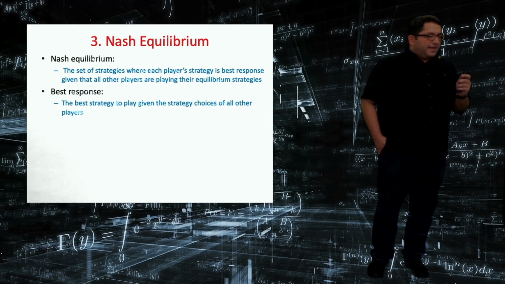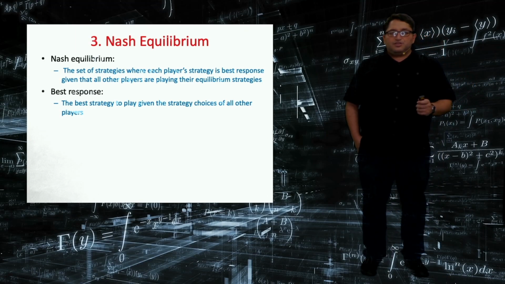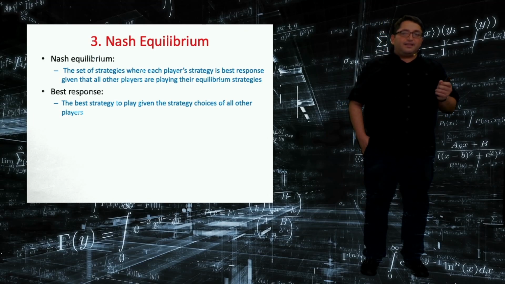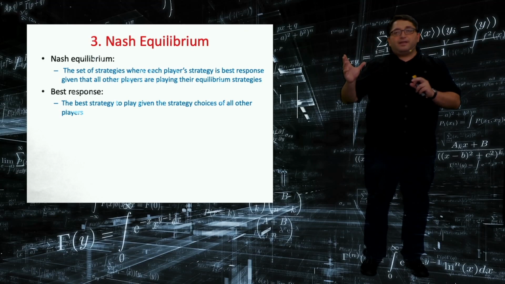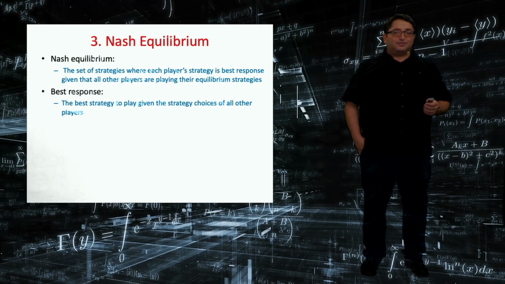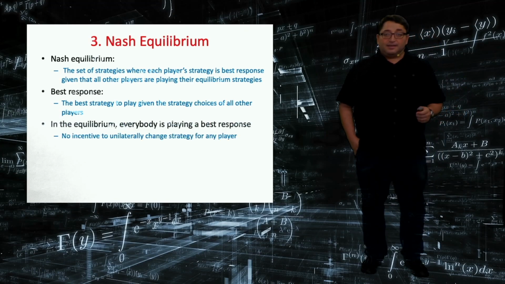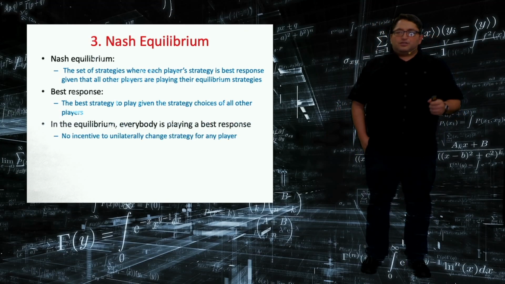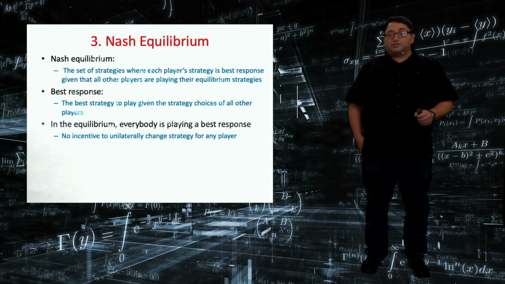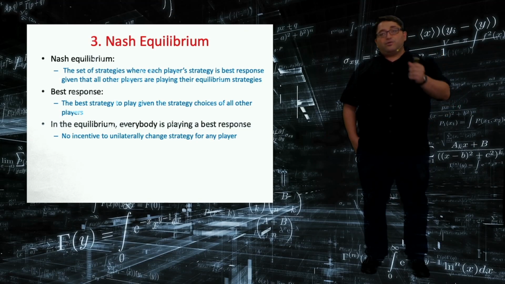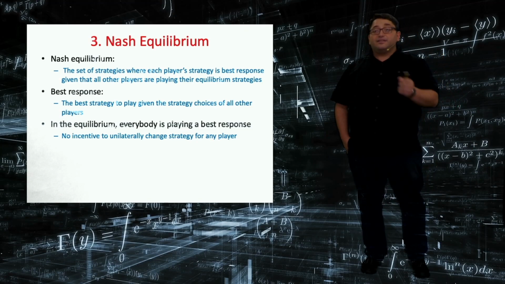The best response is the strategy that gives you the highest payoff, and you will find that for each and every other strategy of your opponent. I'm going to illustrate that in different games. So Nash equilibrium is based on the premise that each and every player is playing a best response, maximizing her utility according to the other players' strategies.